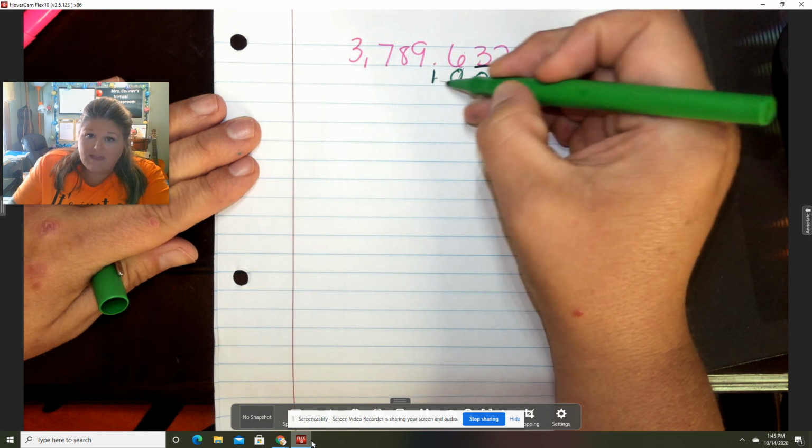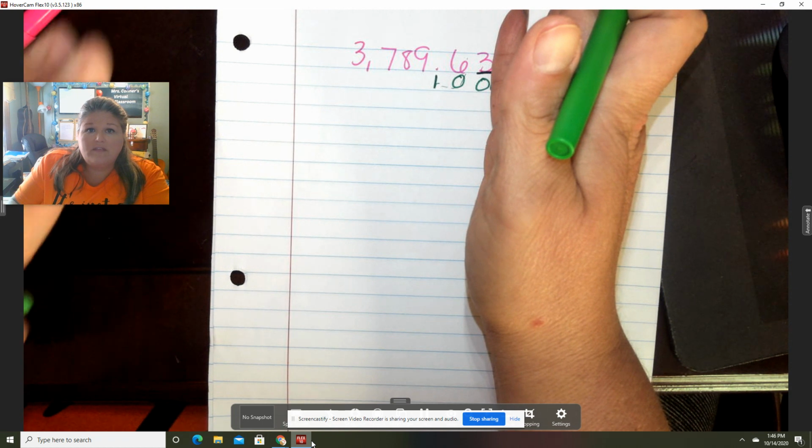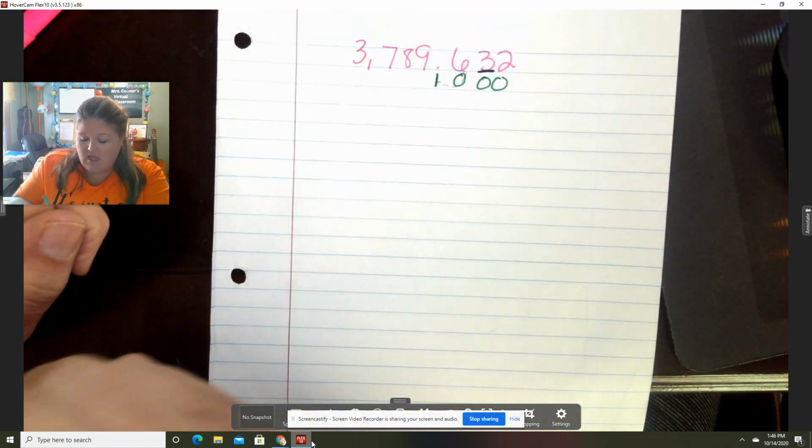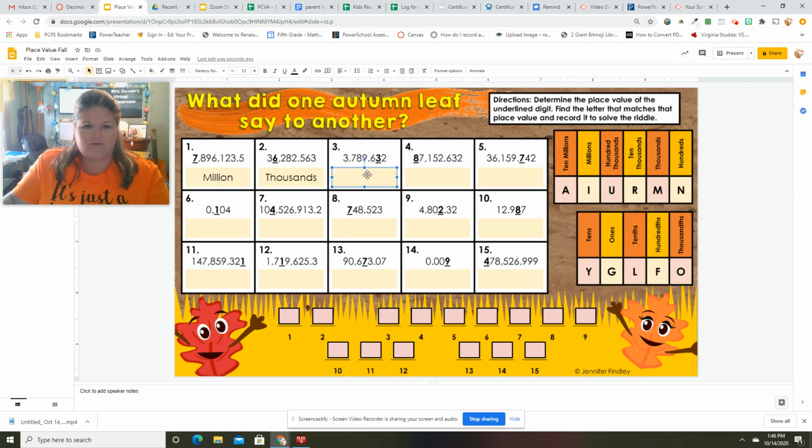My 3 is over the 100, so it's hundredths. So it's 300ths is what goes here.